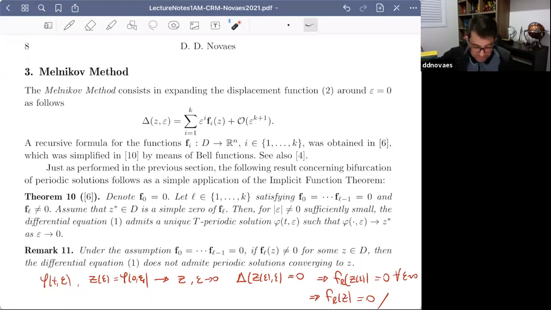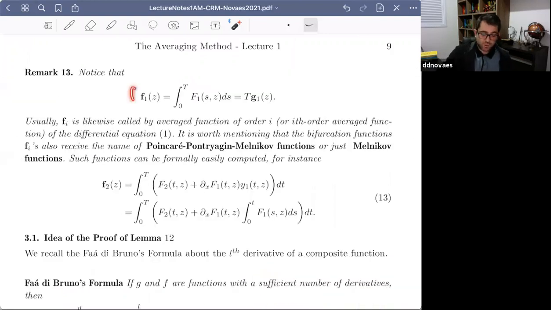We know that they're not the same because F1 is equal to T multiplied by G1. So perhaps for every other higher order, F_i would be T multiplied by G_i. We could ask that, but it's not true.